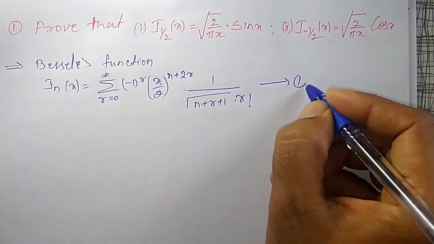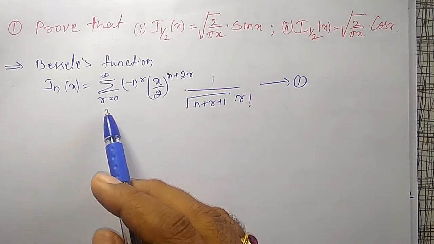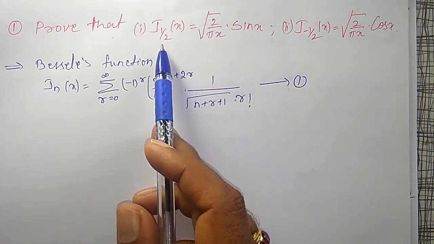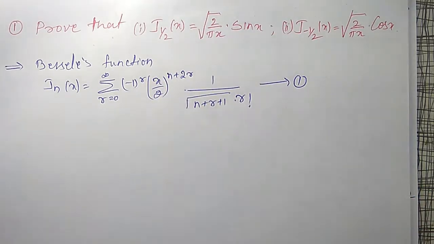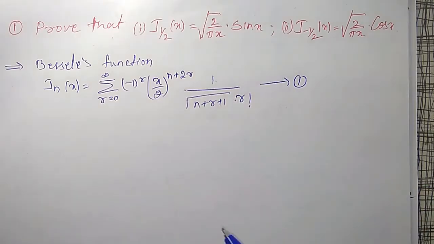Let me call it 1. This is Jn of x. Here we are getting the series, and this n is nothing but plus half and minus half. Therefore, this series is equal to something sin x, which I have to prove.